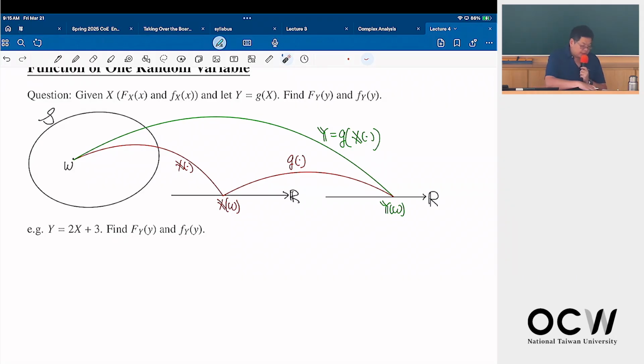What is the CDF of y? Which one do you want to find first? There's no preference, but if you get the CDF of y, then you take the derivative of your CDF, you can get the PDF of y. So let's just find the CDF first.